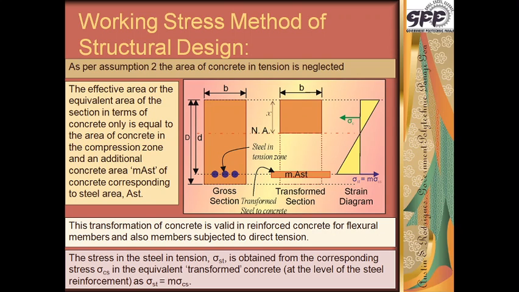So where the steel is provided, in the same location we change that steel to the amount of concrete over there. The area would be m times AST.